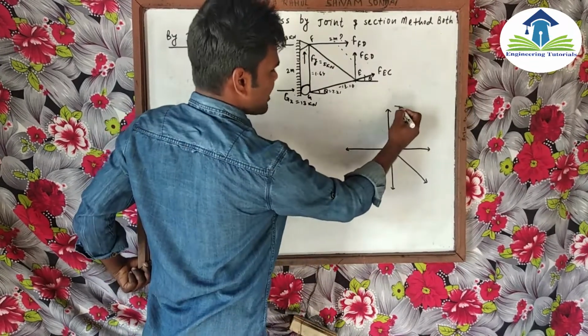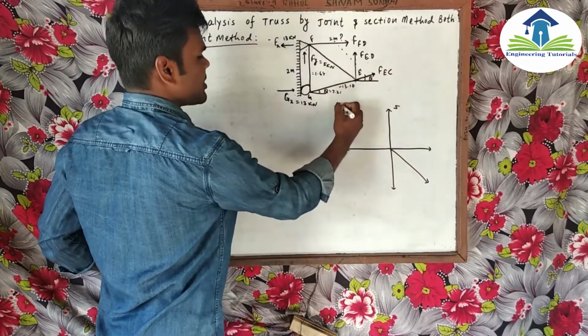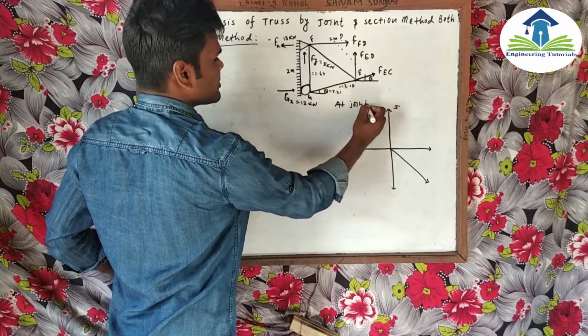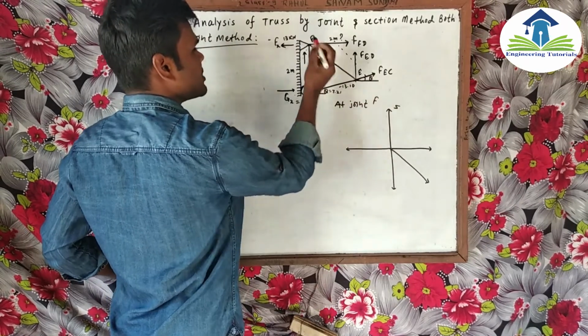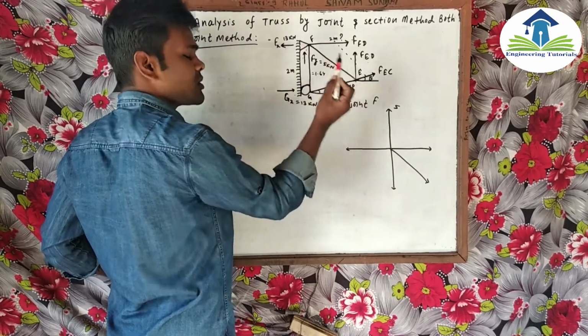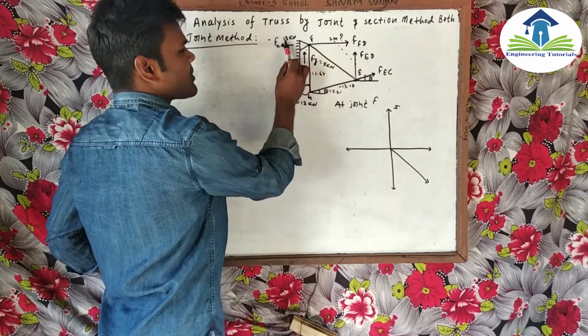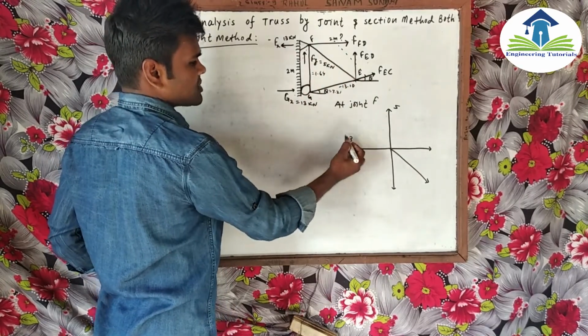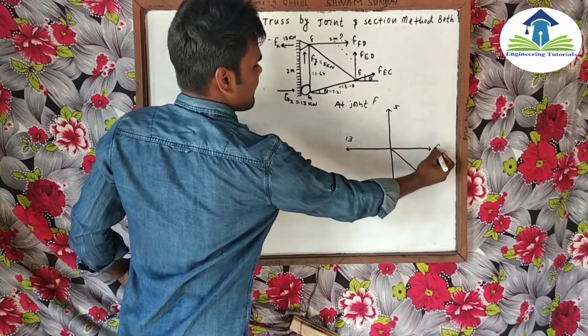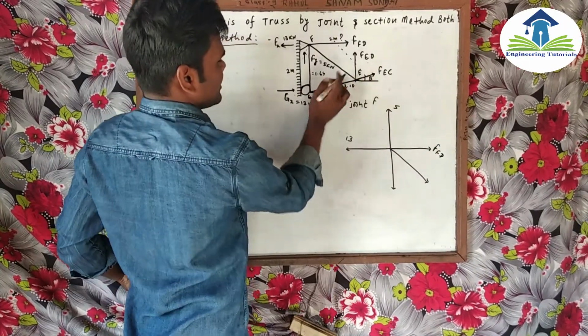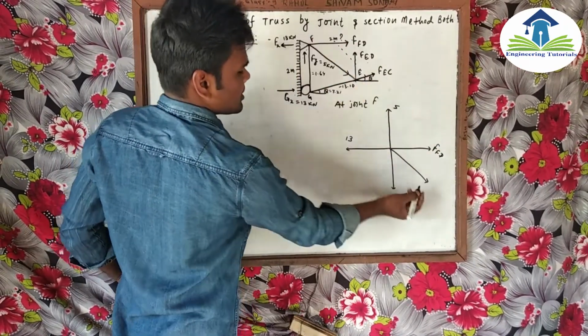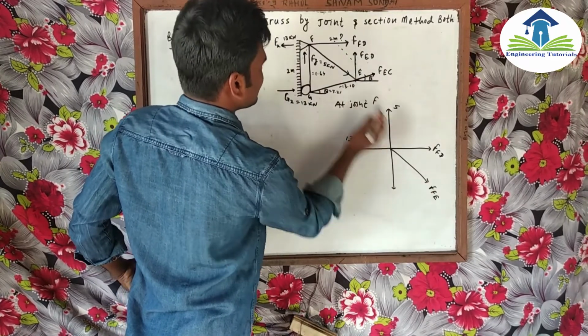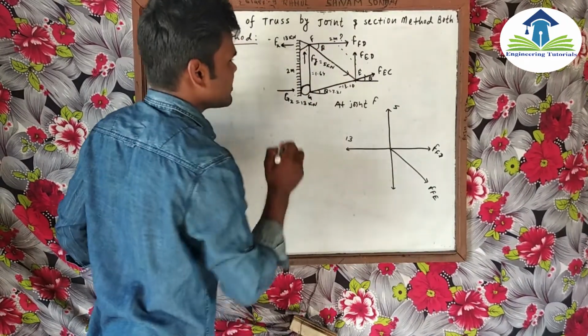This is the 5 kilonewton force, upward, 13 like this, and FFD like this, and this is the force FFE, at some angle. We have to calculate this angle.